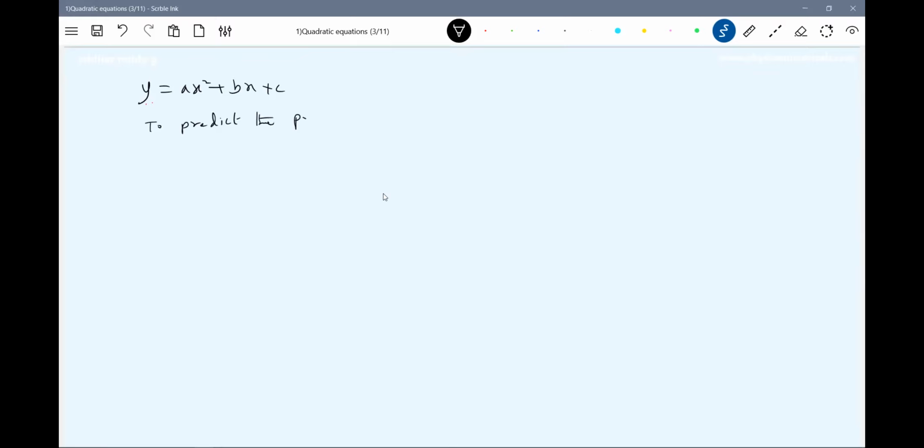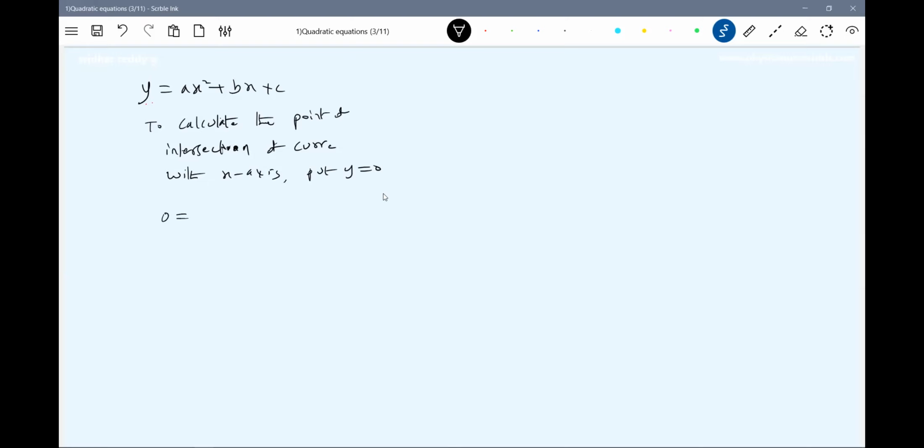To calculate the intersection of the curve with the x-axis, put y equal to 0.